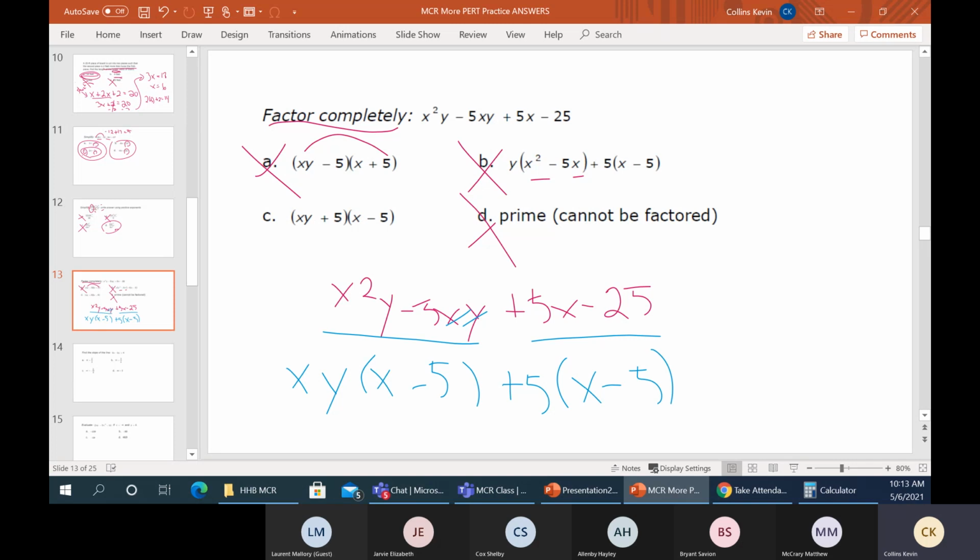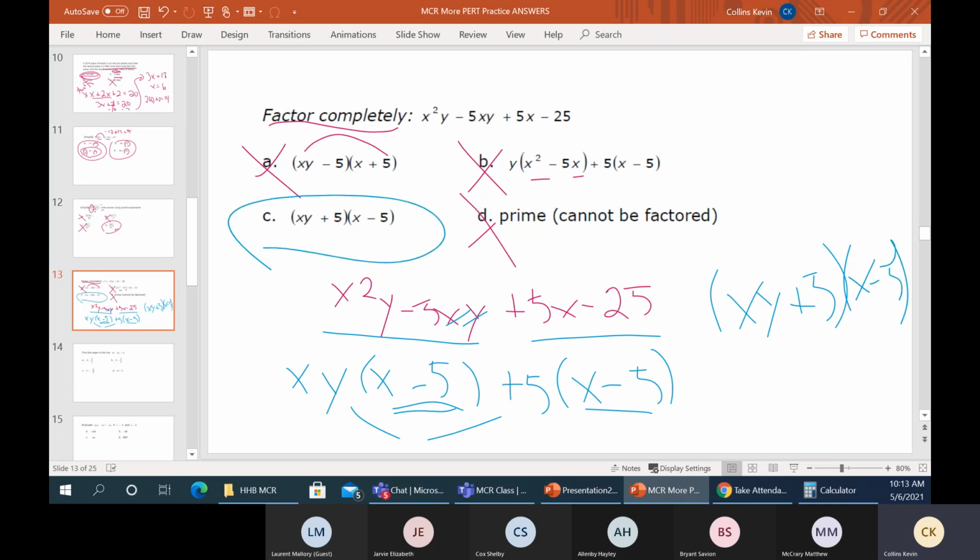And negative 25 divided by 5 is minus 5. So notice these guys are the same. That's what we're going for. So when that happens, then we just collect these two guys together. So it would be xy plus 5. And then we only have to list this guy once. And then x minus 5. So that's our guy.